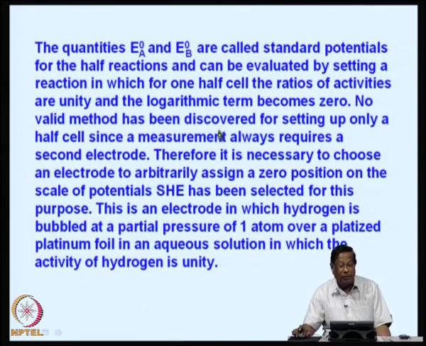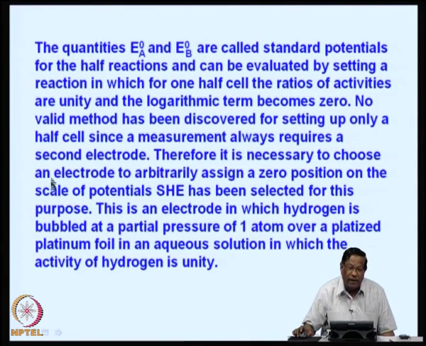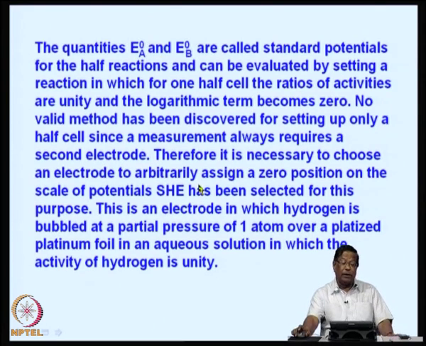No valid method has been discovered for setting up only a half cell of any reaction. It has to be coupled with another half cell where reduction or oxidation takes place. Therefore, it is necessary to choose an electrode to arbitrarily assign a 0 position on the scale of potentials.